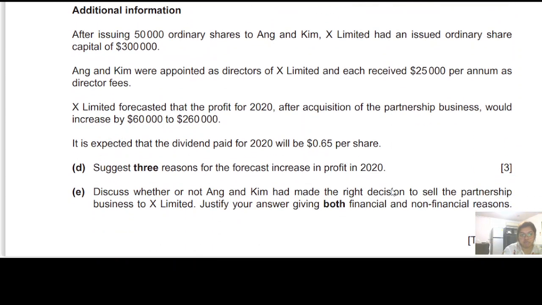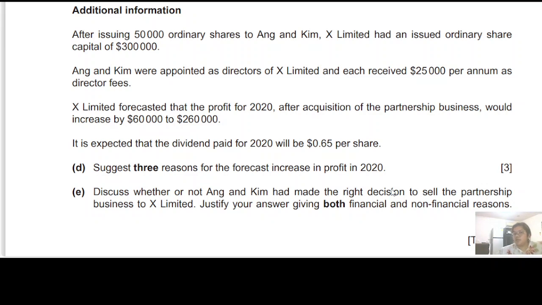Okay, additional information. What happened after issuing 50,000 ordinary shares to Ang and Kim, X Limited had an issued ordinary share capital of 300,000. Now Ang and Kim were appointed as directors of X Limited, each receiving 25,000 per month as director's fees.